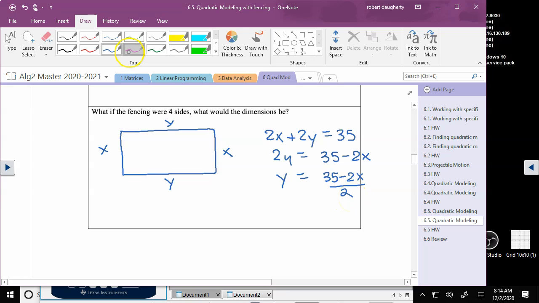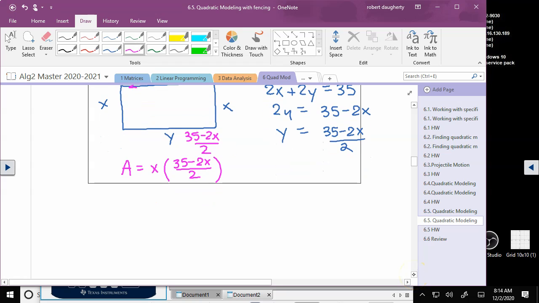So this side here is 35 minus 2x over 2, and this side is also 35 minus 2x over 2. Now, what is the area of this patio? The area of this patio is x times 35 minus 2x over 2. And we said that the area is equal to 150.